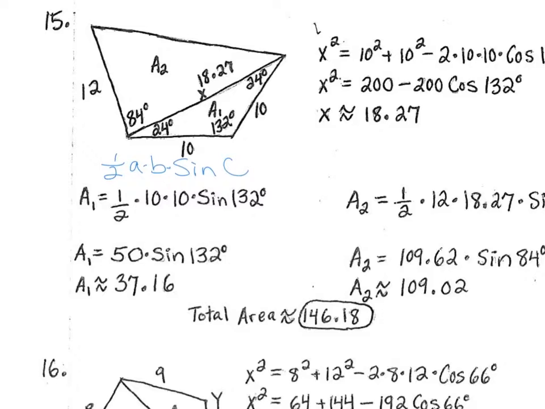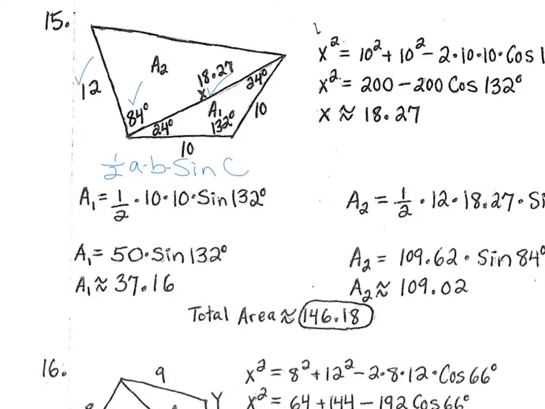Now I'm going to move to find the area of the top triangle. So what I have at that point is a side and an angle, and I need to figure out what that other side is that sandwiches in this remaining angle of 84 degrees. To do that, I have to use the law of cosines, because it's a side angle side situation.